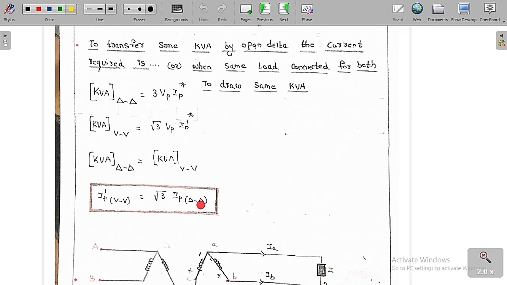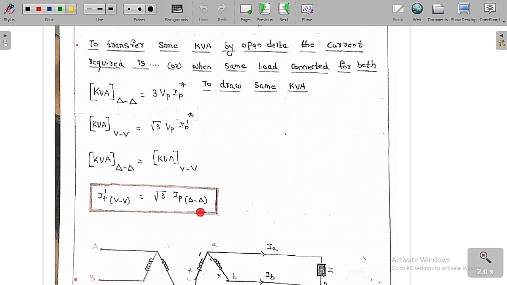So if you want to transfer the same kVA by open delta, when the same load is connected for both to draw the same amount of kVA, the phase current required by the open delta is equal to root 3 times the phase current of the delta-delta connection.